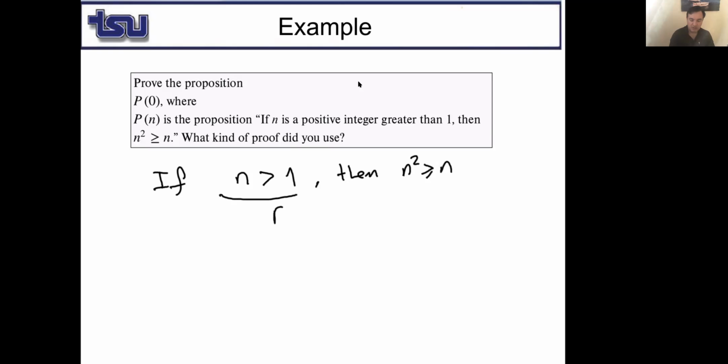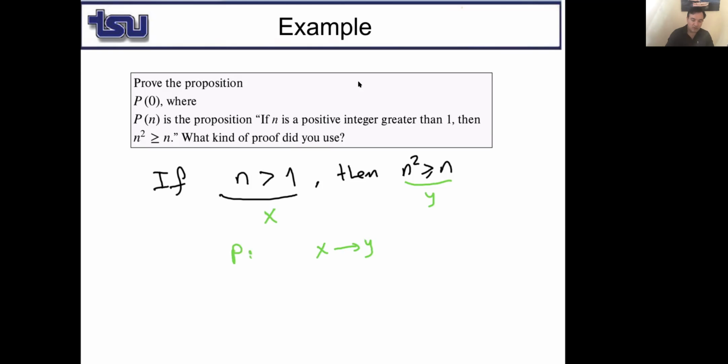Let's not call it P, it's going to get you confused. So let's call this one X, and let's call this one Y. That means X implies Y, okay? P is X implies Y.